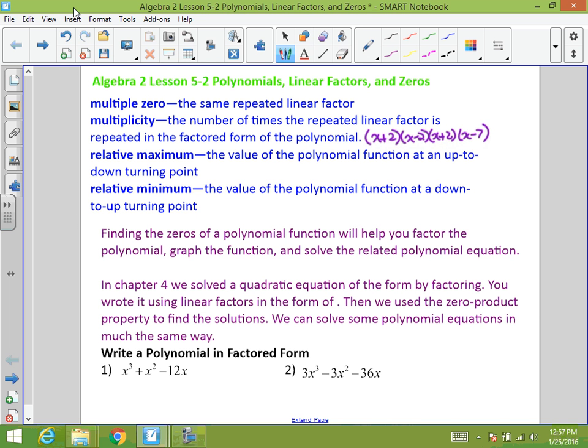Now, finding the zeros of a polynomial function will help you factor the polynomial, graph the function, and solve the related polynomial equation. When we were in Chapter 4, we solved the quadratic equation of the form x squared plus bx plus c equals 0 by factoring.